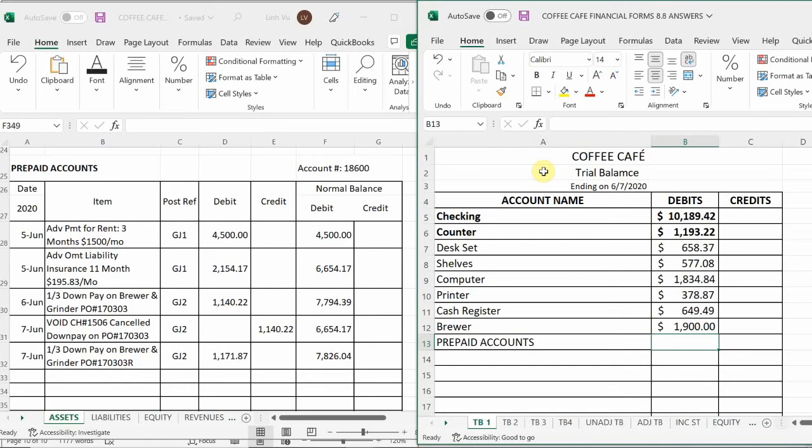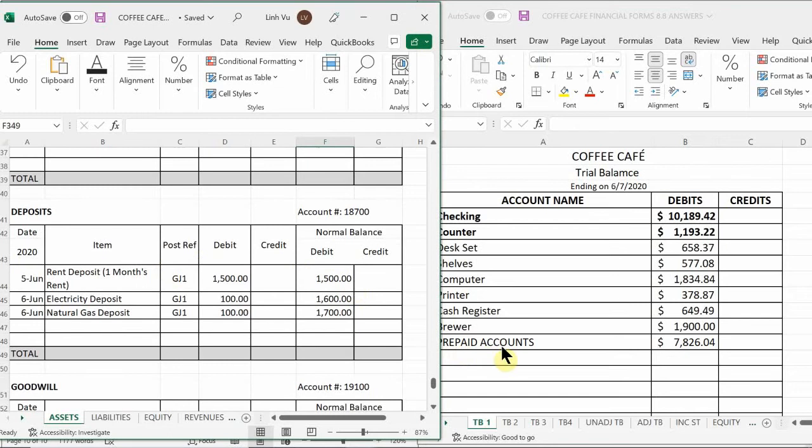Yes, you have a balance in your prepaid. Okay, how much? $7,826.04. Good. Okay.